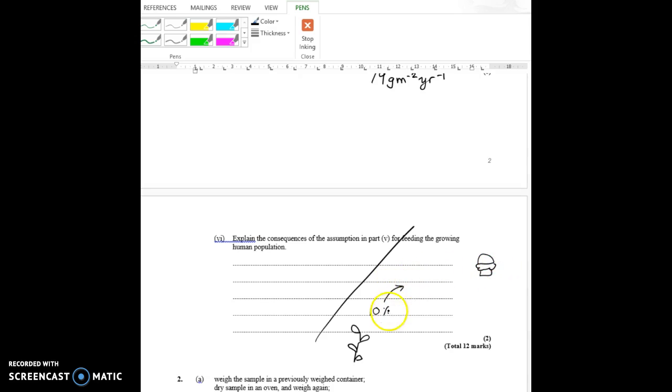So if you're eating a hamburger, you're eating the consumer of the grass, like the cow. And the cow is only going to give you 10%.